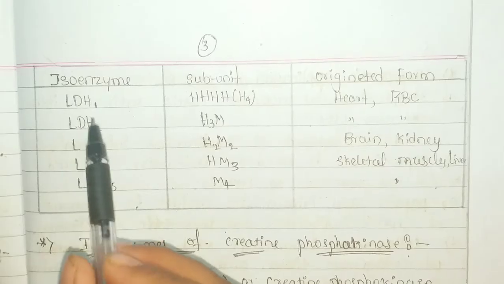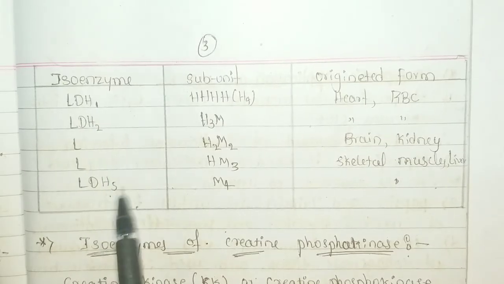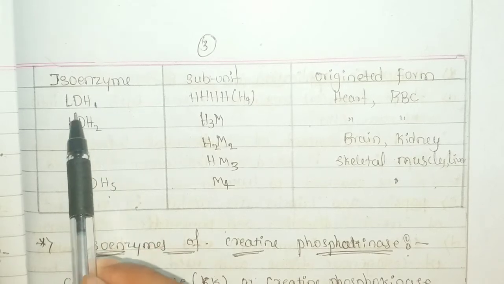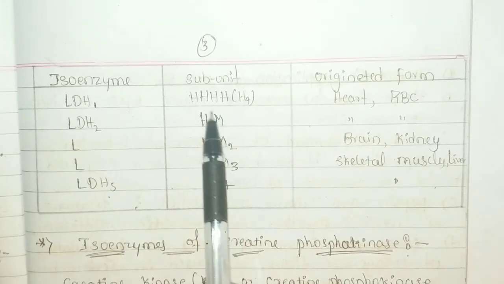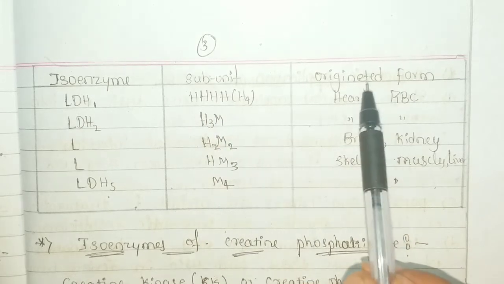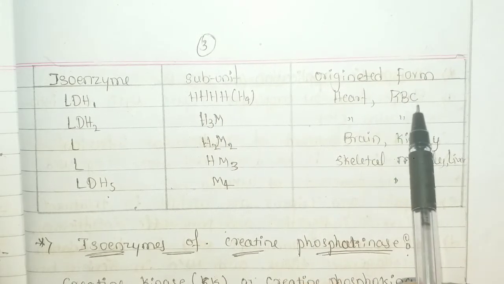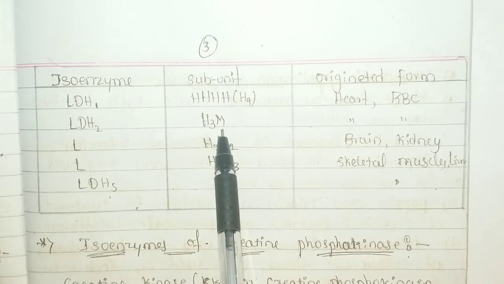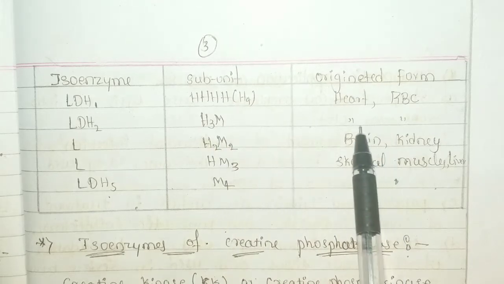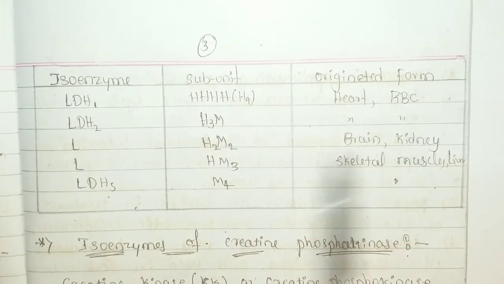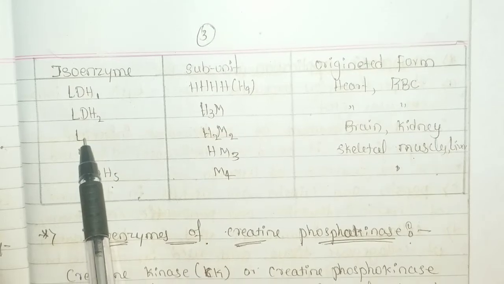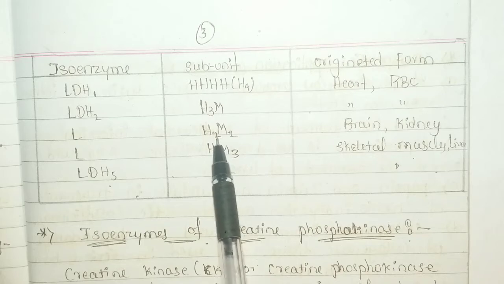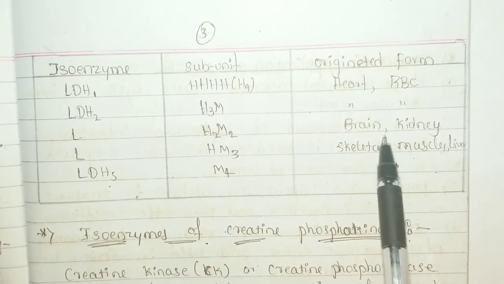These are the five classifications of the isoenzymes of LDH. LDH1, the subunit is H4, originated from the heart and RBCs. The second one, LDH2, the subunit is H3M, originated from heart and RBCs. The third isoenzyme, LDH3, the subunit is H2M2, originated from brain and kidney.